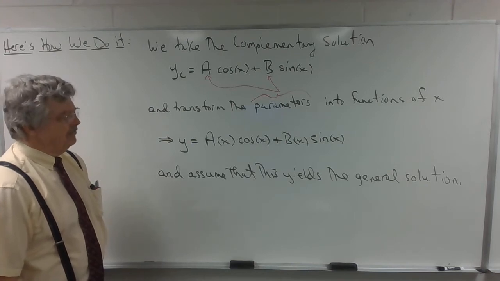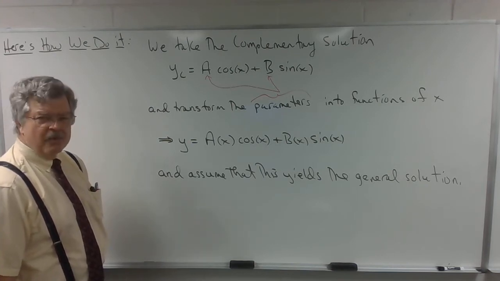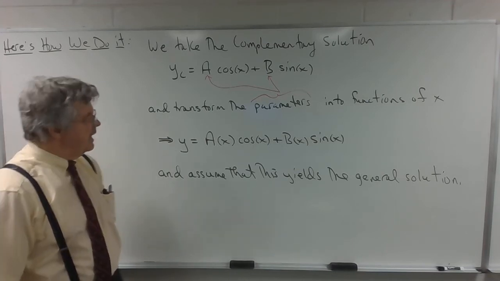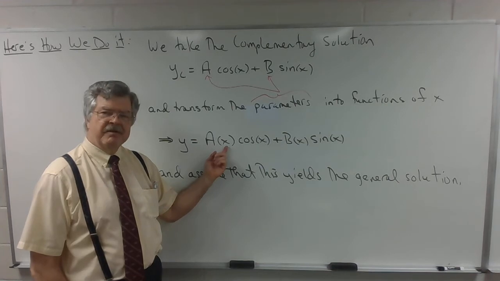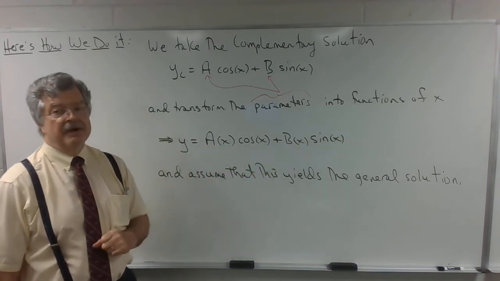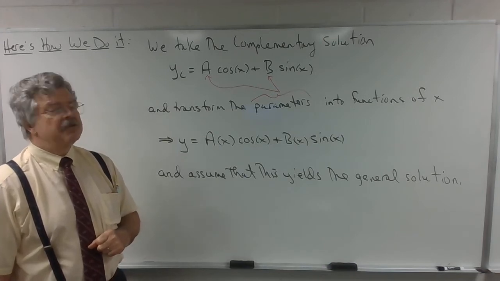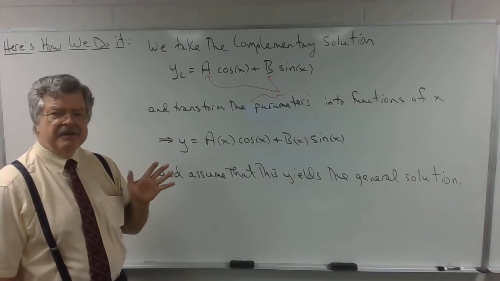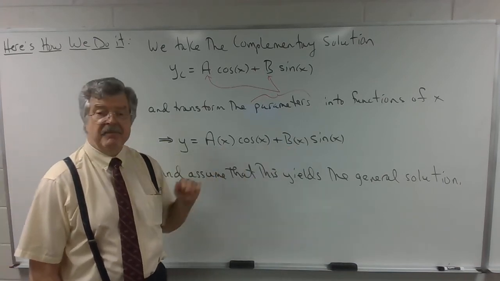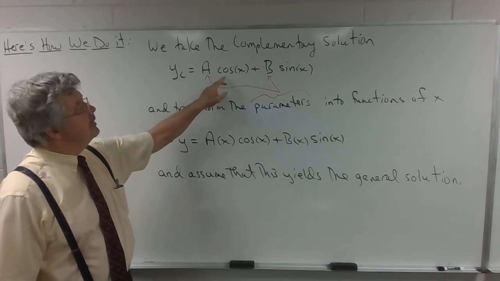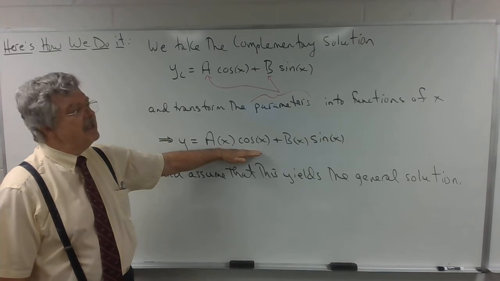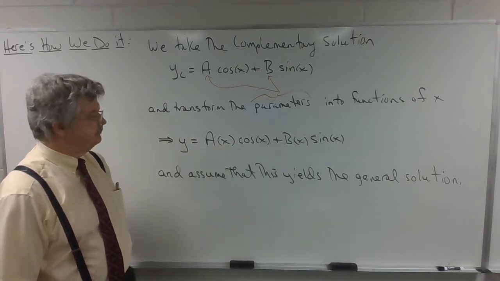Now, I guess I have to make a couple more comments about this. Not only does there exist a pair of functions, a of x and b of x, that make this work, it turns out that there are infinitely many pairs of these functions, a of x and b of x, that can transform the complementary solution into the general solution.